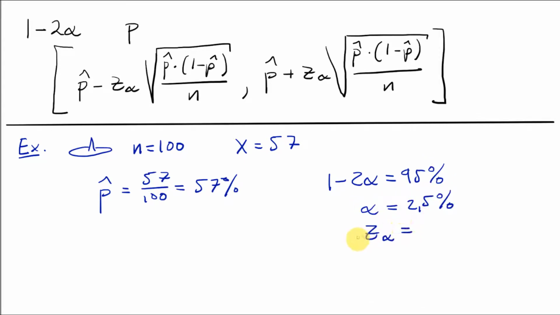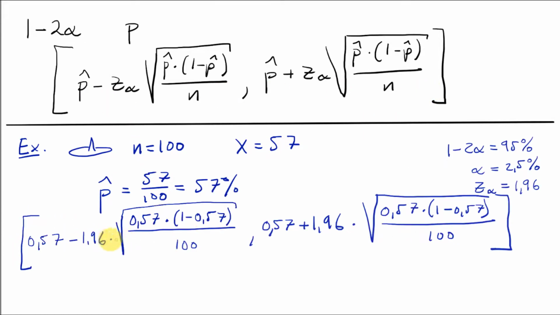And then z alpha you can read off from the z table, since we're seeking z alpha. And then you will get 1.96. Then according to this, we will get the confidence interval. So if you put in the numbers we have, we get this confidence interval. So with 95% probability, the true probability of getting pin up is between 47 and 67%.